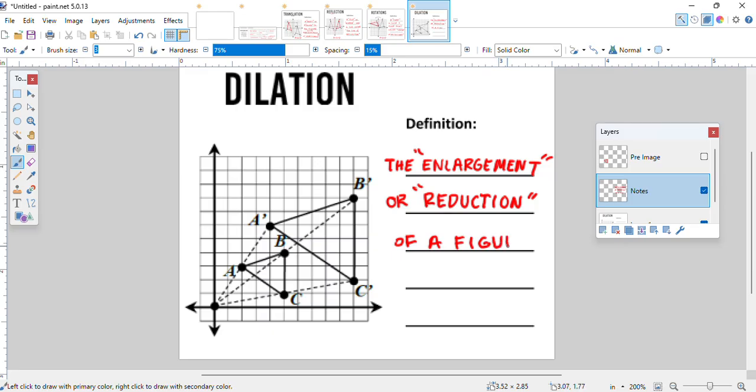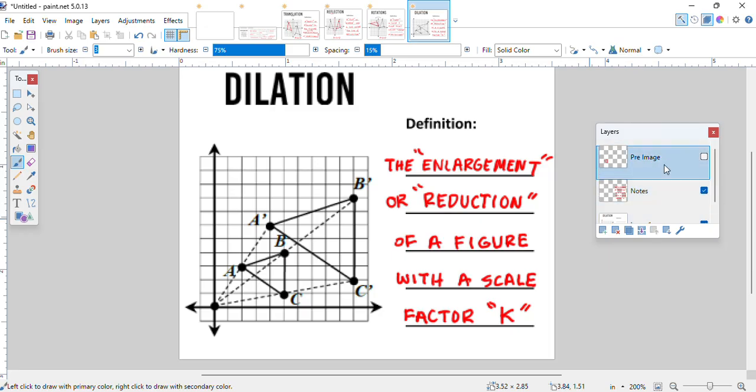And when we dilate something, we change it based on its scale. And we call that a scale factor. We change this figure with a scale factor. And rather than trying to describe a scale factor every single time, we have a specific variable that we use for it, and that variable is k. Our scale factor is referred to as k.